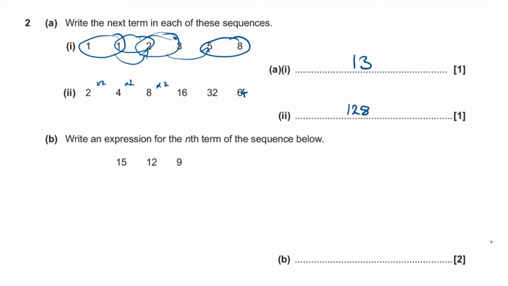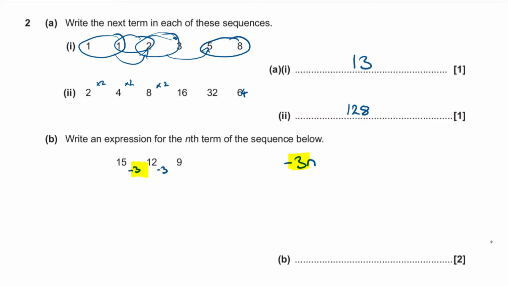Okay, part B. Write down an expression for the nth term of the sequence below. 15, 12, 9. Okay, now this one does have a common difference. It's got a common difference of -3. It's going down by 3 each time. So the nth term is going to be of the form -3n. So whatever that difference is, that's what's going to be the coefficient of n in the nth term.